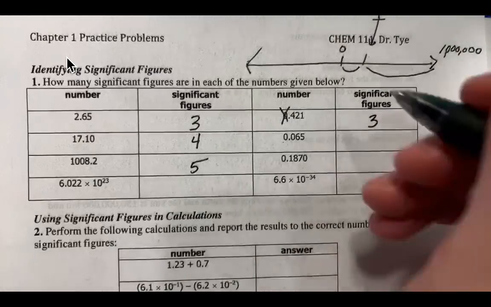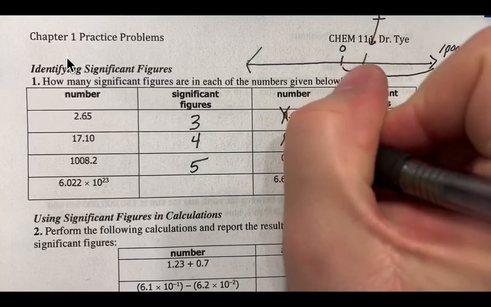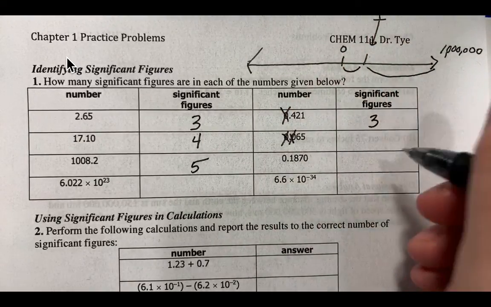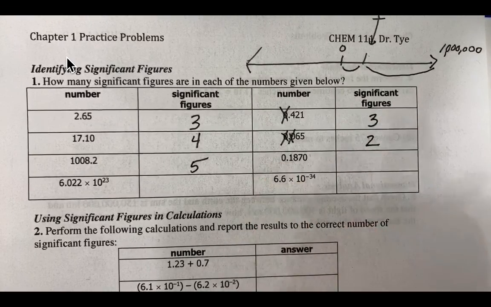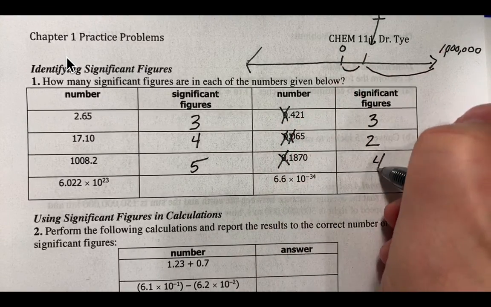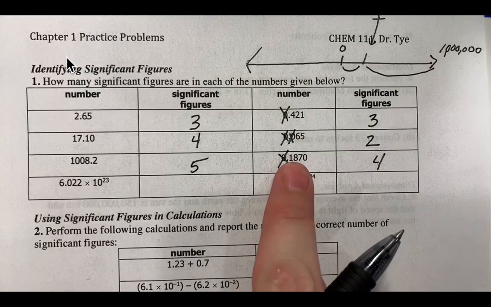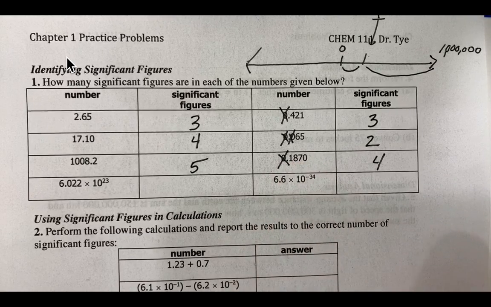Neither of these leading, or these left side zeros, neither of those leading zeros contribute, so I have 2 sig figs there. This leading 0 doesn't contribute, so I have 4 sig figs there. The ones on the right contribute, so the 1, the 8, the 7, and the 0, those all contribute.